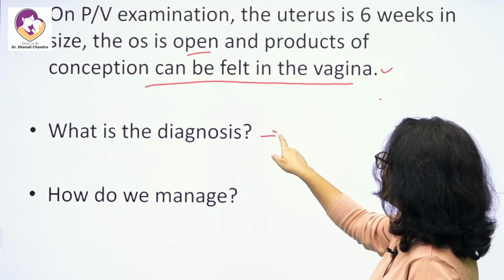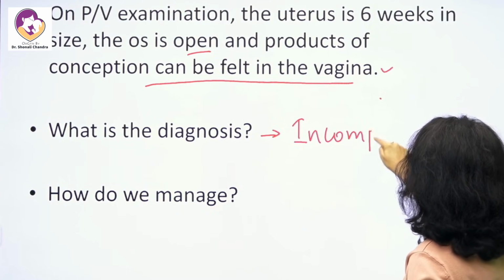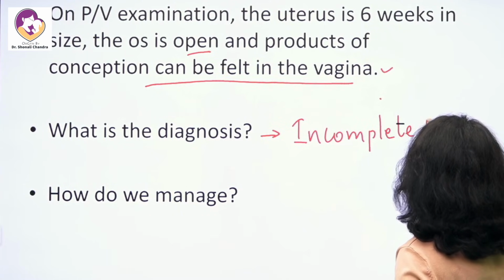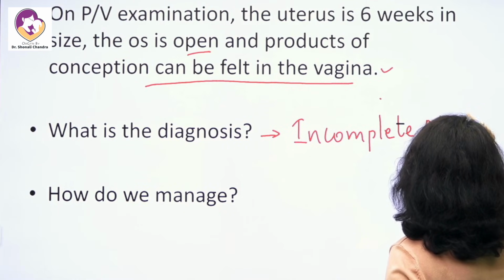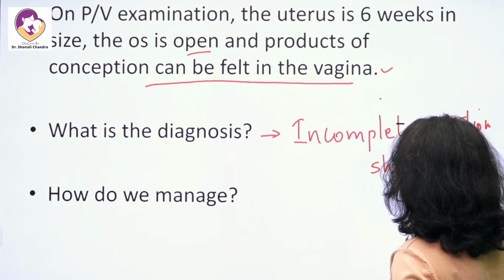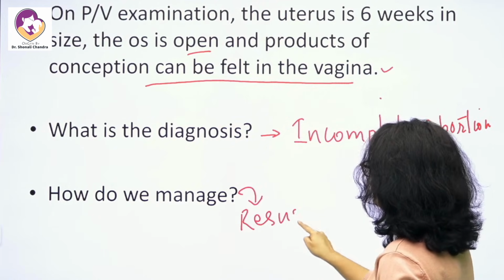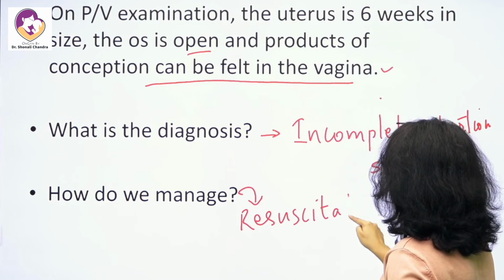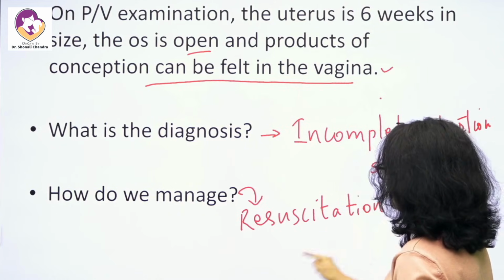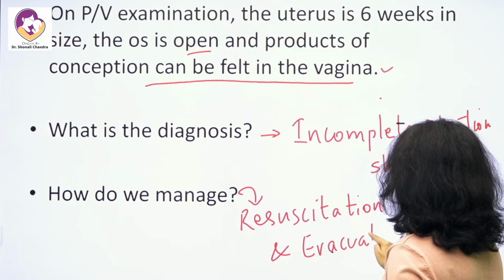So what is the diagnosis now? This is again an incomplete abortion. But yes, the bleeding is very significant. The woman is in shock. So how do we have to manage? The management is resuscitation. Do not forget resuscitation that goes on simultaneously, and evacuation.